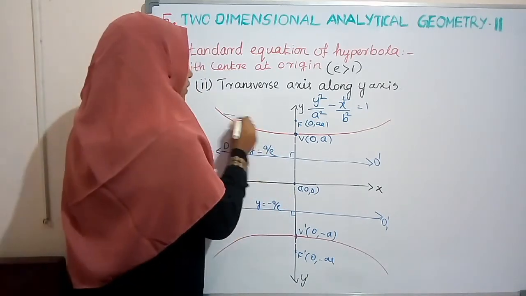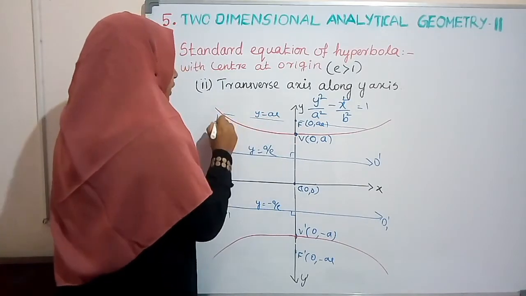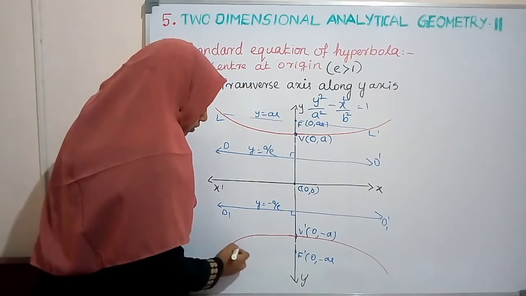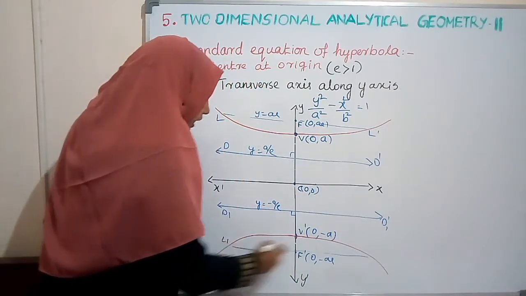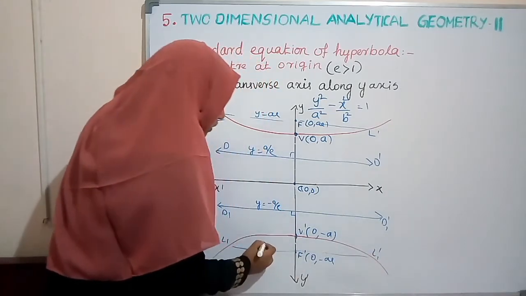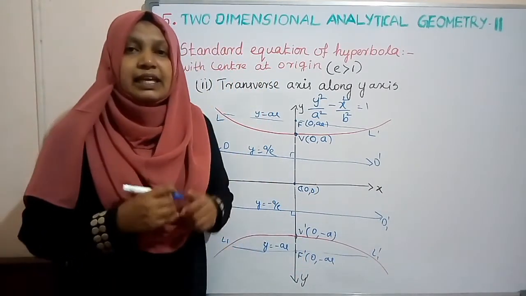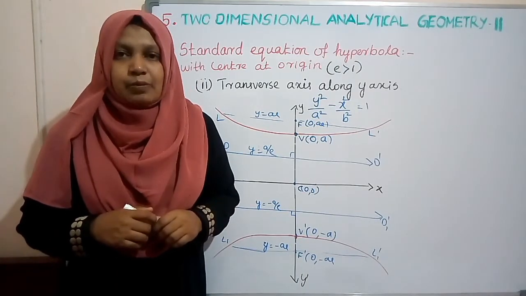Similarly, the equation of latus rectum is y is equal to ae, and marking the latus rectum as L dash, it should be on the focus. L1 dash, and its equation is also y is equal to minus ae. Then the length of the latus rectum is the same, 2b square by a.